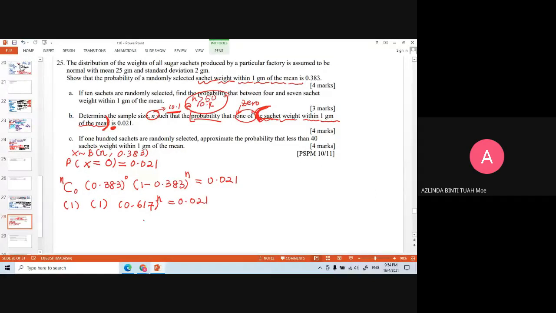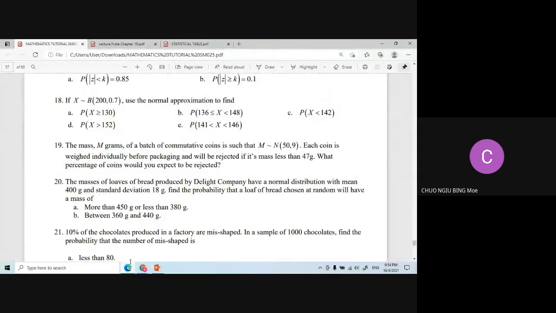Okay, once again log both sides. So N equals to log 0.021 divided by log 0.617. 8. What is the value? 8. Exactly 8? No, 8.002. So 8.000. So 8 lah.